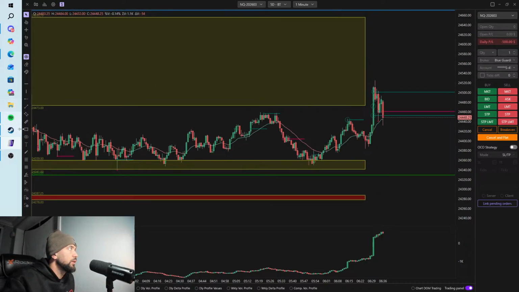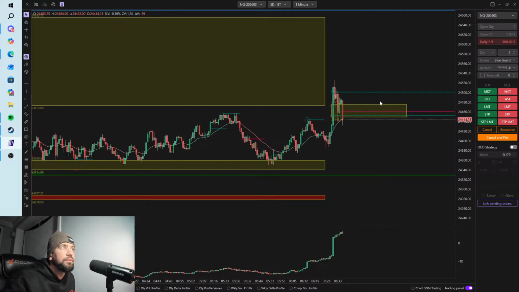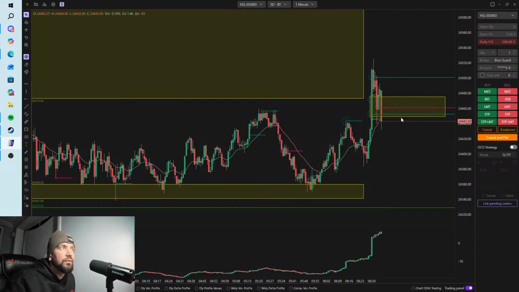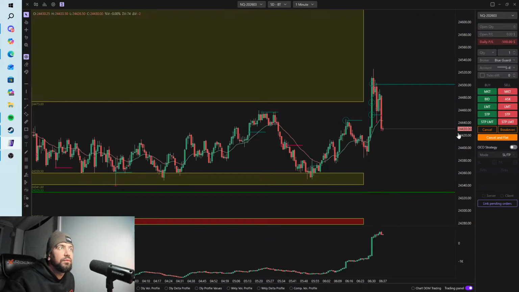This is an area where buyers are trying to step in here. See those areas? That's strong buying.